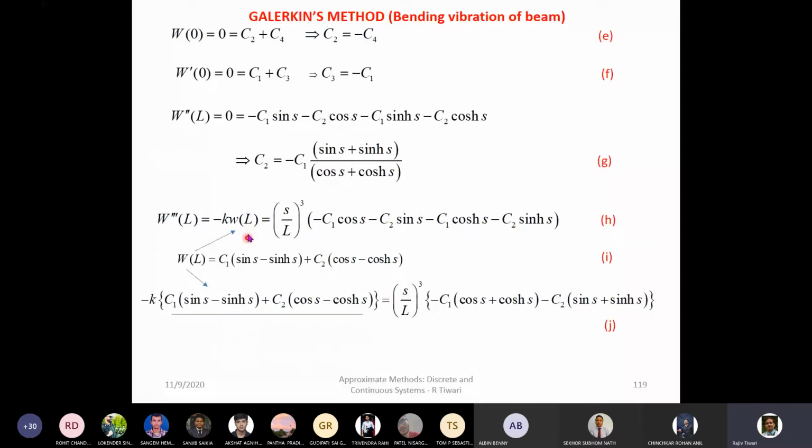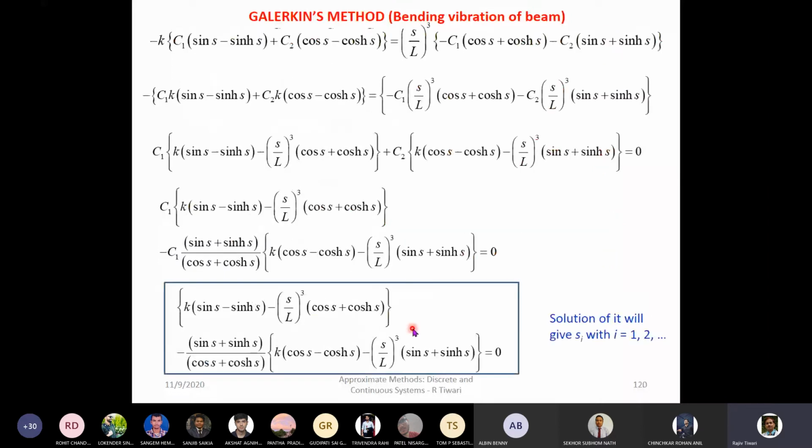Once we substitute, this equation becomes like this, and it can be rearranged. C1 can be collected in one place, C2 in another place. Then this equation can be simplified again, because the aim here is to eliminate C2 also, using this.